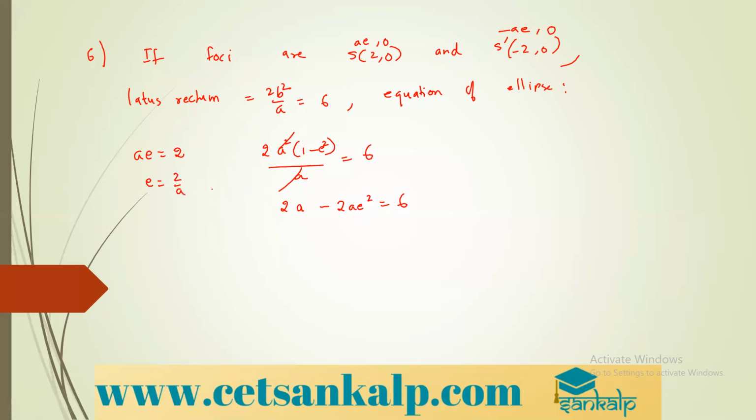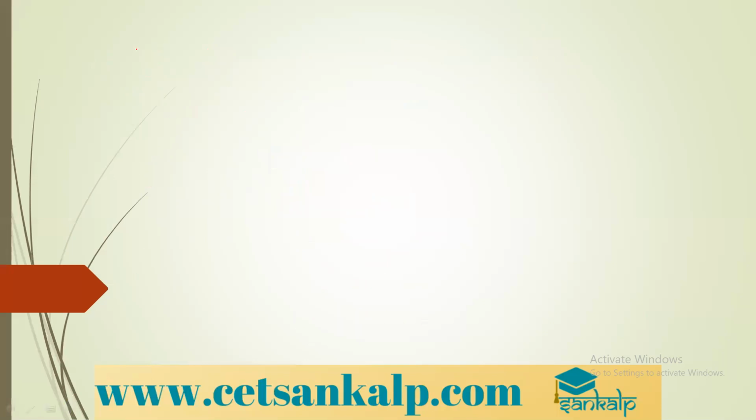I can write 2 by A. So 2A minus 2A into E square, which is 4 by A square, equal to 6. So one A will cancel. 2A minus 8 by A equal to 6. Or taking A common, 2A square minus 8 equal to 6.